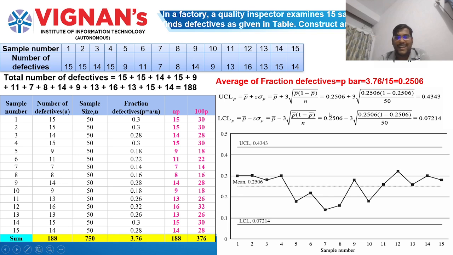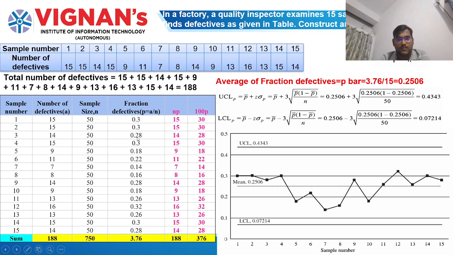NP is N into P, so 50 into 0.3. Here NP is similar to A, because P is equal to A by n. So NP means A by n into n again; n and n cancel, and we get A only. So this value should be similar to these values.